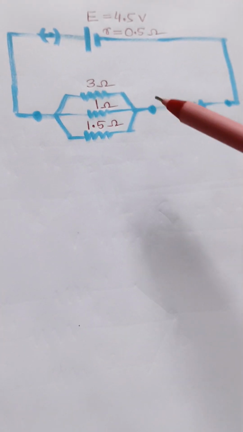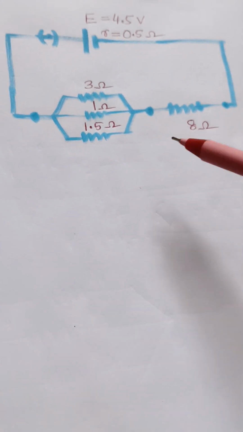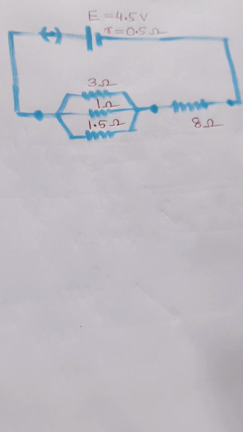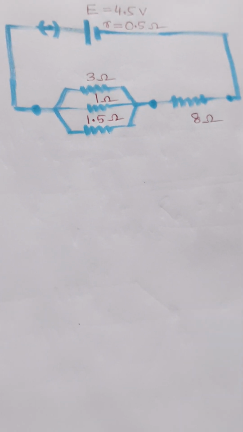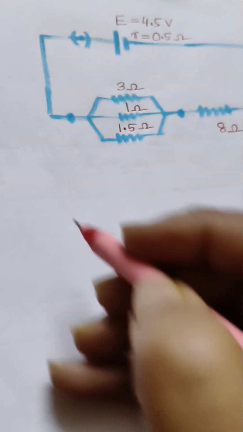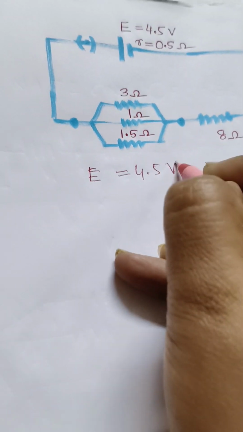So in this kind of circuit diagram, when you are asked to find the total current, your first work will be to find the total resistance. So let me make it clear. The EMF here is 4.5 volts.